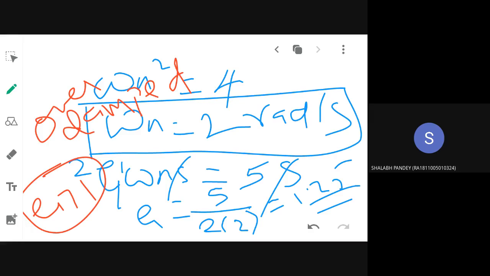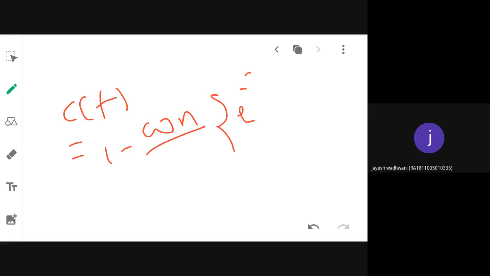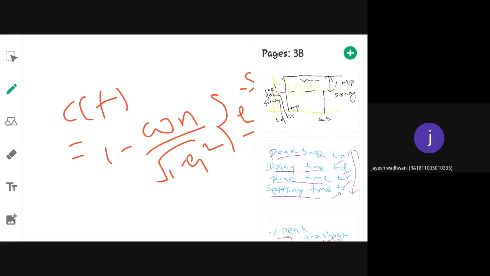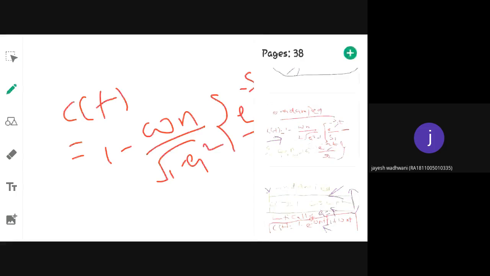The final equation for c of t that I asked you to take down: c of t is equal to 1 minus omega n upon 2 root of zeta squared minus 1, bracket e to the power minus s1 t divided by s1 minus e to the power minus s2 t divided by s2, with the root of zeta squared minus 1.